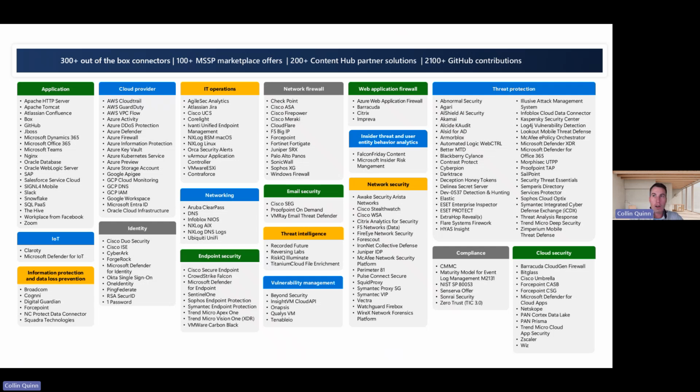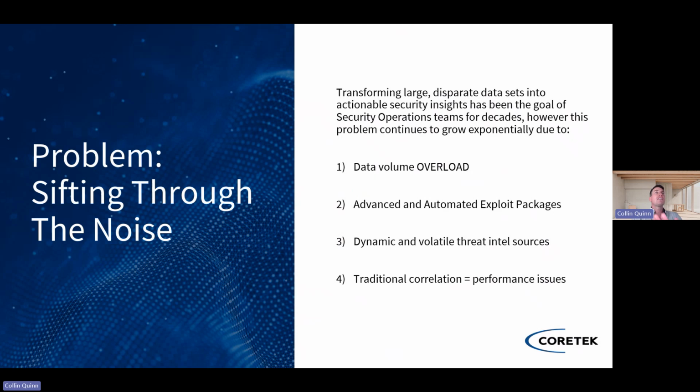So, from that standpoint, having the data in, having it normalized to a common schema, and having analytics run against it is really foundational. And it's not trivial, but it is the foundational element. The next problem that you really need to overcome is transforming that large data set into actionable security insights. And so those correlation and analytic rules are a big part of that.